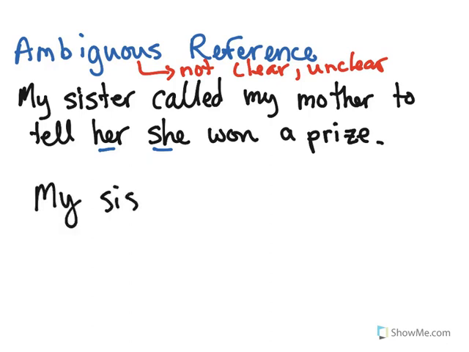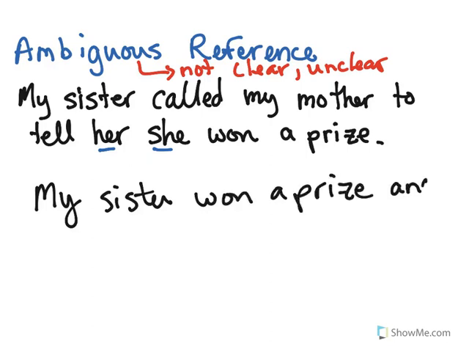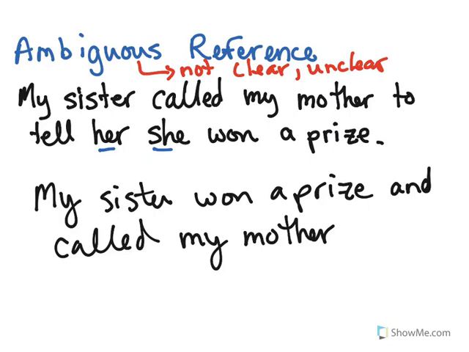So I might say, my sister won a prize and called my mother to inform her. Right, something like that. It's still basically the same idea, but now the reference is more clear. Okay? All right, that's it for pronouns. If you have any questions, just let me know.